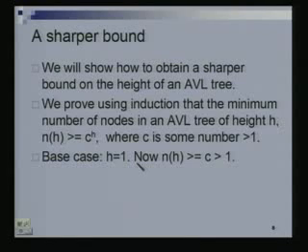H equals 1. H equals 1, n of h is 1. We want that. So this statement would be true. This statement is true at h equals 1, right? No. Just one second.